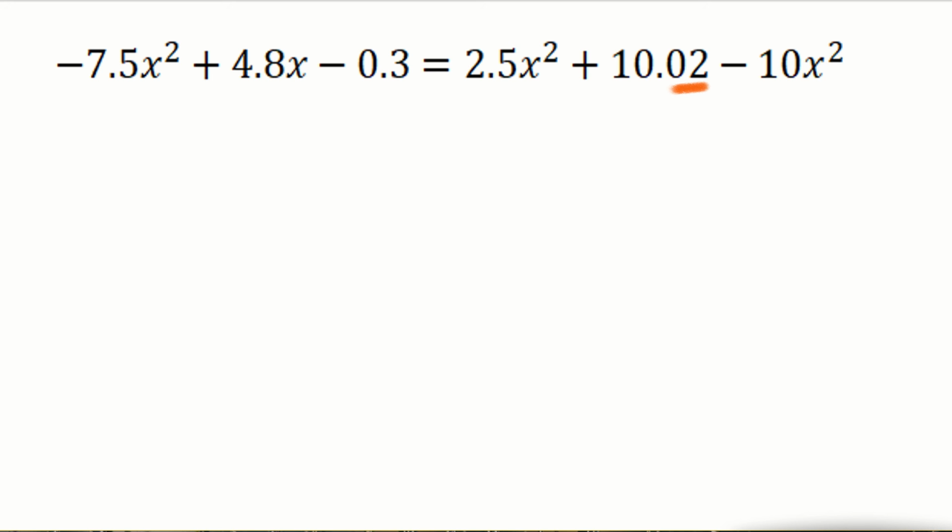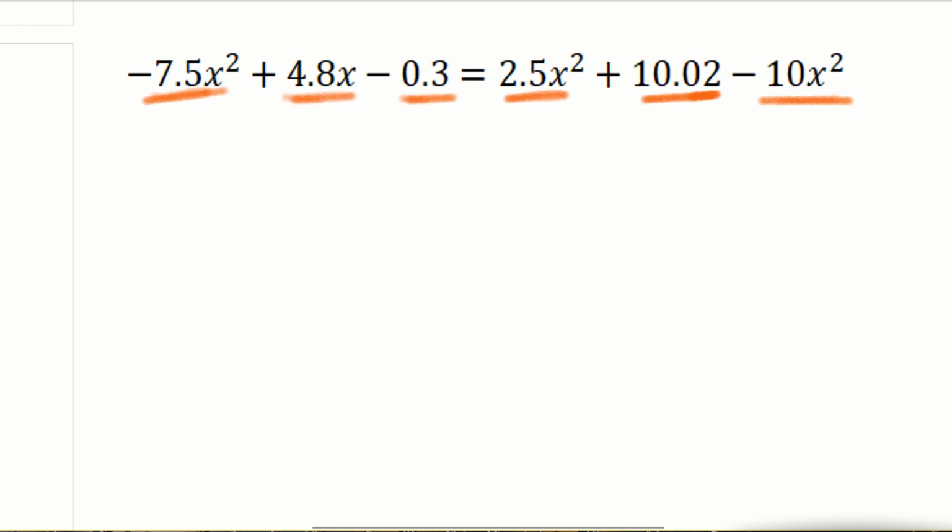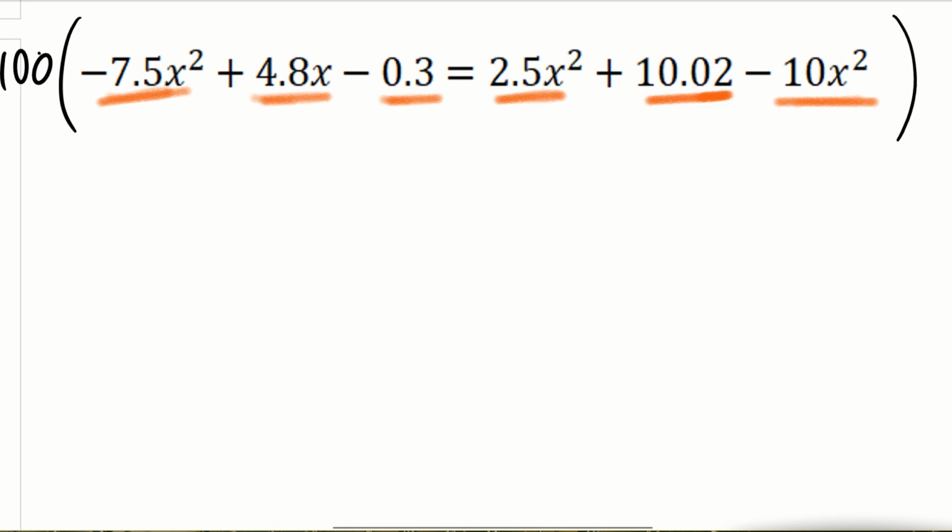On the left hand side I have 3 terms, and on the right hand side I have 3 terms. I'm going to push a factor of 100 across every single one of those terms on both sides.